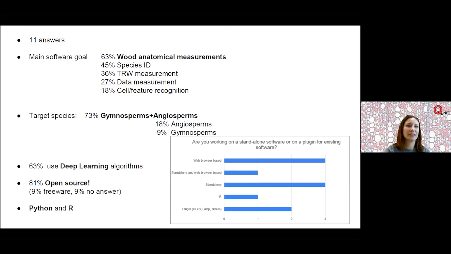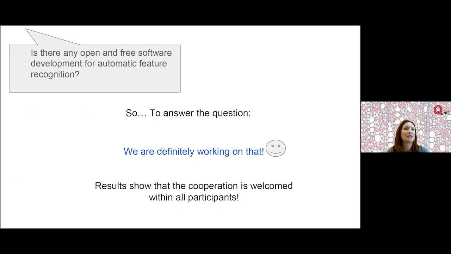But mainly standalone and web browser based. R, of course, is a plugin, so it would be within the plugin category. So to answer this question, yes, we are definitely going towards free software development, and the results are very welcoming because everybody agreed to cooperation and collaboration within the research groups.